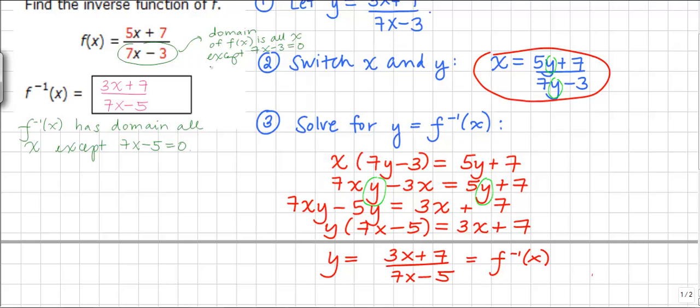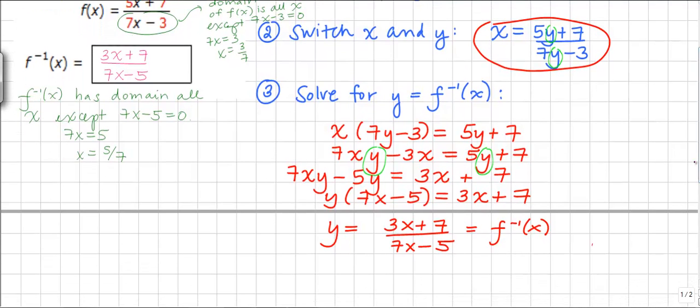So if I solve each of these equations, I find that the number 3/7 is not in the domain of f, and the number 5/7 is not in the domain of f inverse. Now, if you'll recall from my overview video, the domain of one is the range of the other.